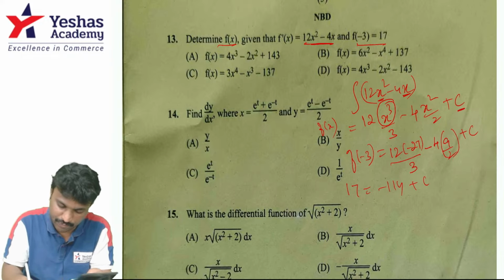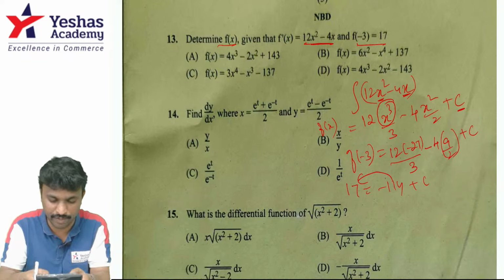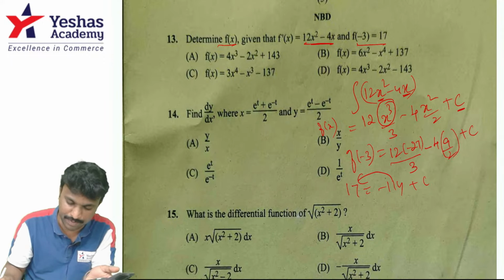Plus c. Minus 114 goes to the other side, becomes positive 114. 114 plus 17, that becomes 131. Have I made a mistake over here?